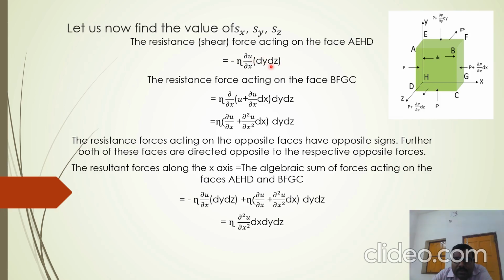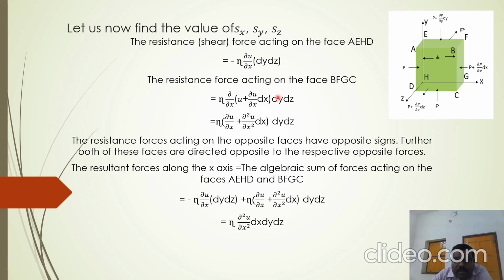We know the viscous force is the coefficient of viscosity into velocity gradient into the plane area. Here dy dz is the area and del u by del x is the velocity gradient. Thus in this plane the viscous force is equal to minus eta del u by del x into dy dz.